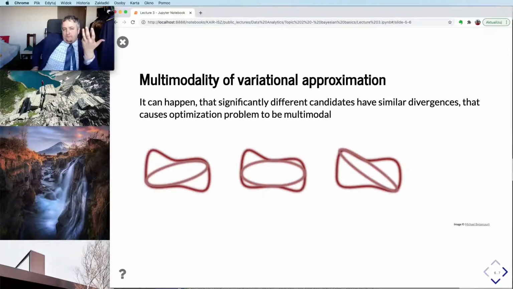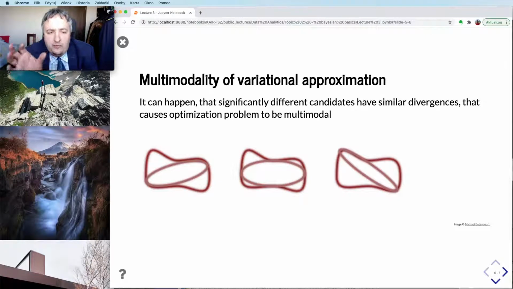Also, for example, here we can see that there is a certain similarity between these three ellipses for our typical set, and because of that, the neighborhoods of each of those will have similar values, which might lead to the problem of multiple minima, because in such a situation multiple distributions will fit similarly well.